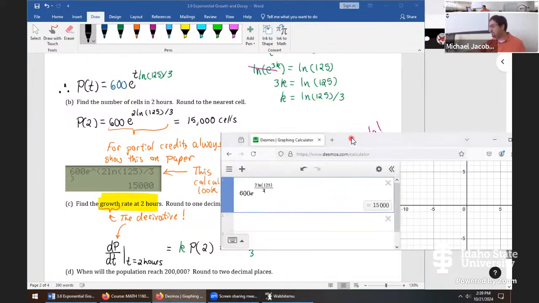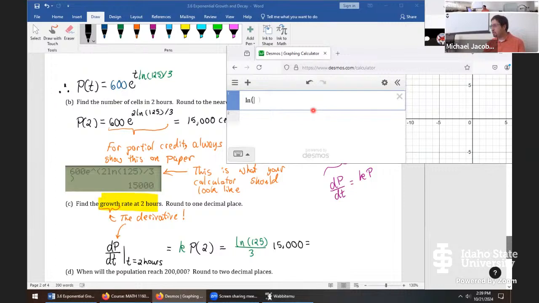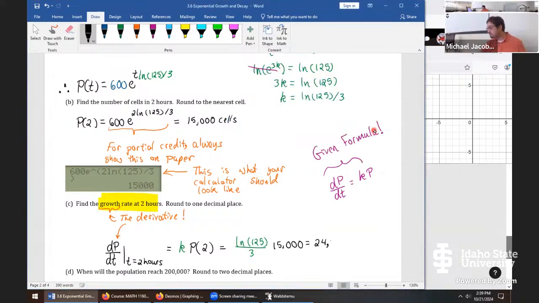Let's go with this one right here, maybe. This one's not as bad of a computation. So I'll go natural log 125 divide by 3, then just go over here times 1,500. And that's our value. To one decimal place, we get 24,141.6. So that's the growth rate.